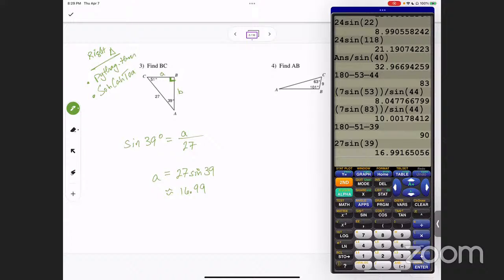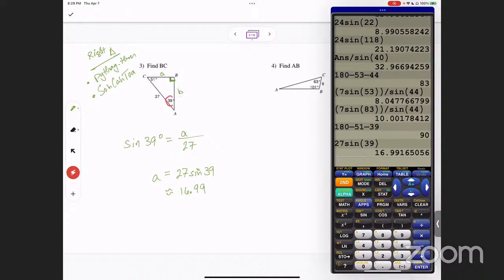The only thing that confuses me with SOHCAHTOA is that sometimes I get confused between the adjacent and the opposite, which is a big problem. The adjacent of this one is the opposite of this one.